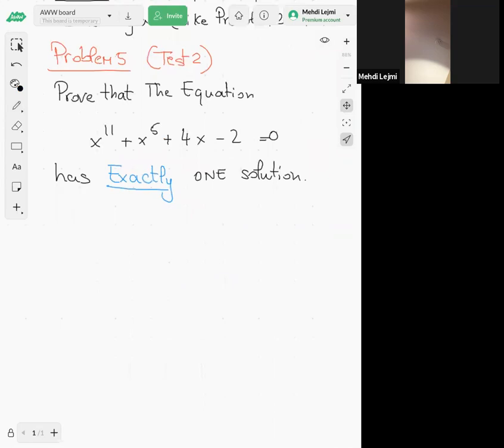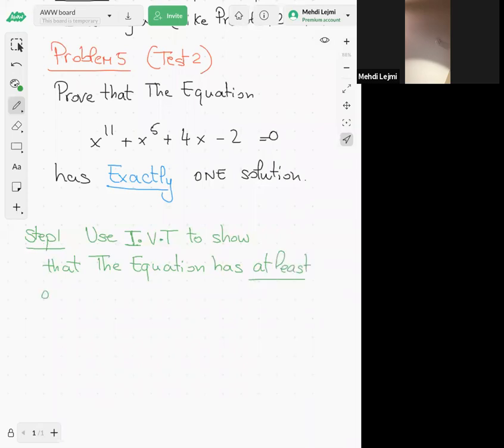In step number 1, we have to use the IVT, the intermediate value theorem, to show that the equation has at least one solution.